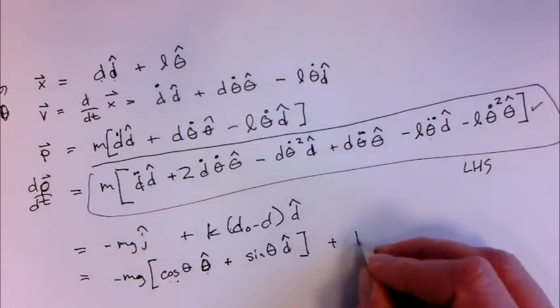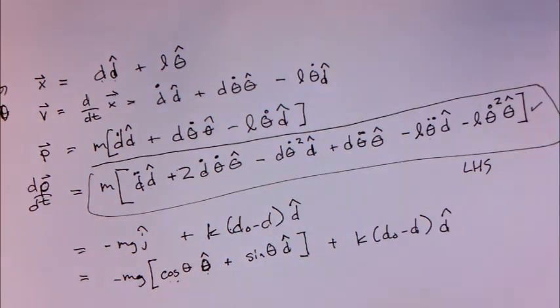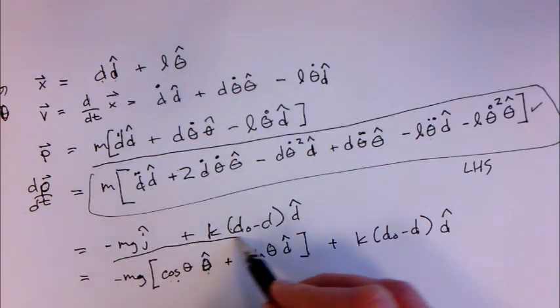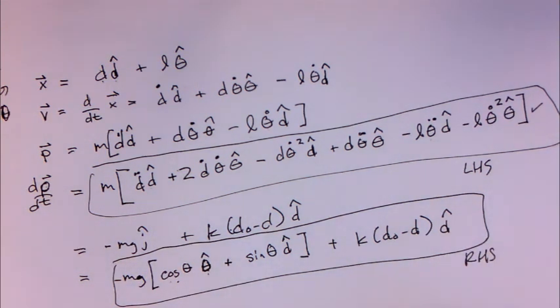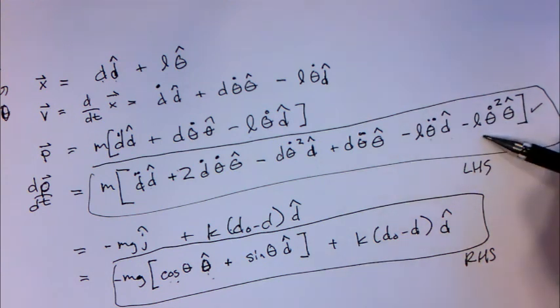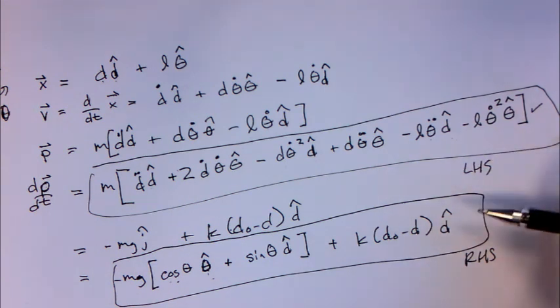And then my other term is still k times d naught minus d times d hat. This is my right-hand side. Now I've got a left-hand side that has theta hats and d hats, and a right-hand side that has theta hats and d hats, and the only way to satisfy this vector differential equation is if all the theta hat stuff on the left equals the theta hat stuff on the right, and all the d hat stuff on the left equals the d hat stuff on the right.